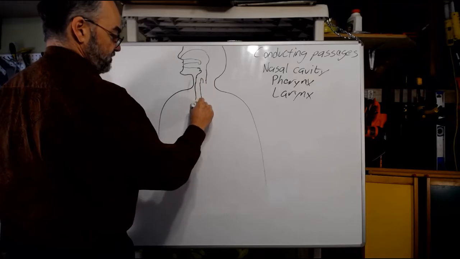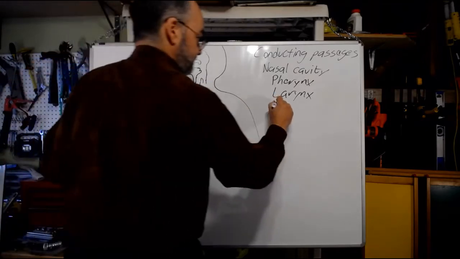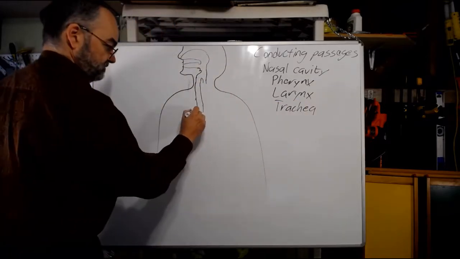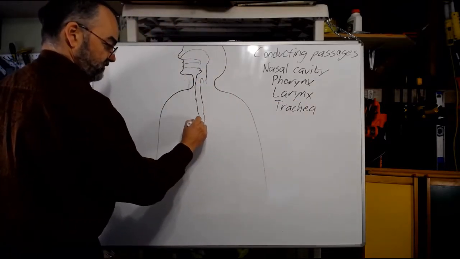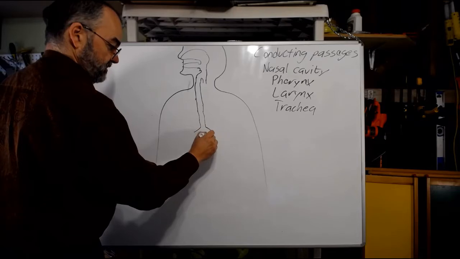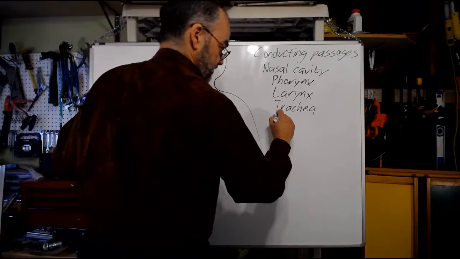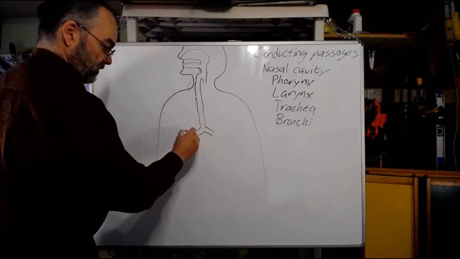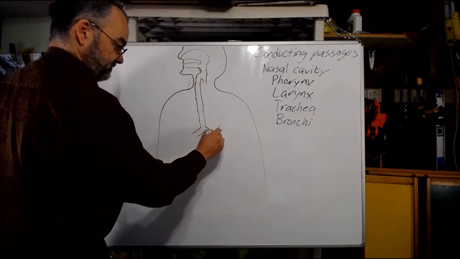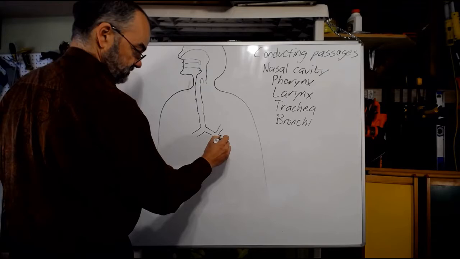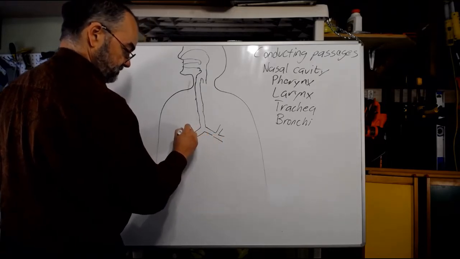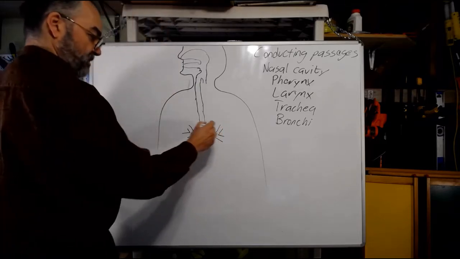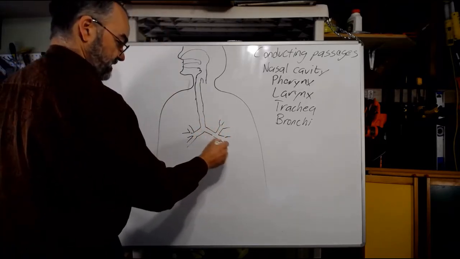The trachea comes down into the chest from the larynx and splits off into the bronchi, one of which goes to each lung. Which split off into smaller bronchi and so on.